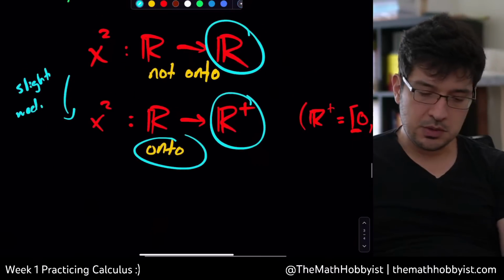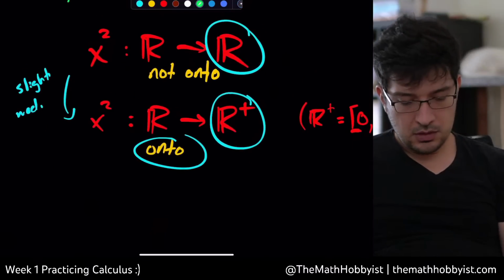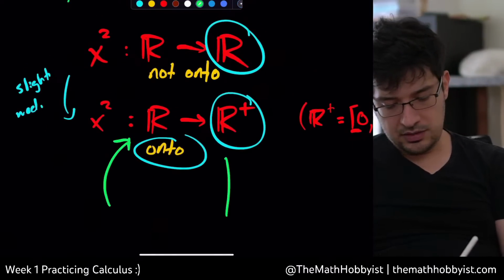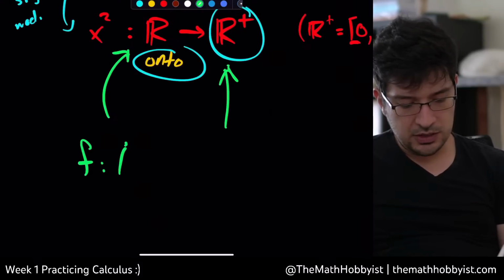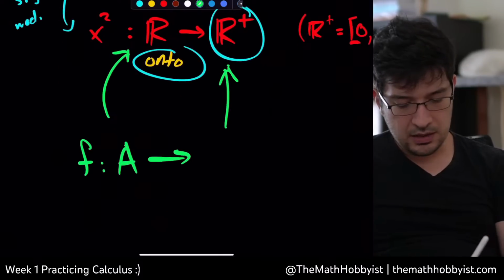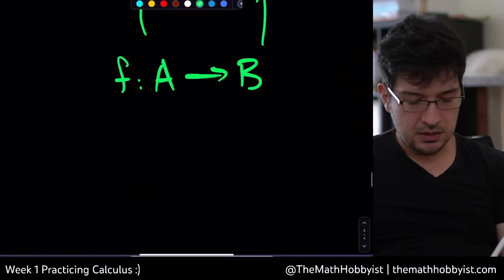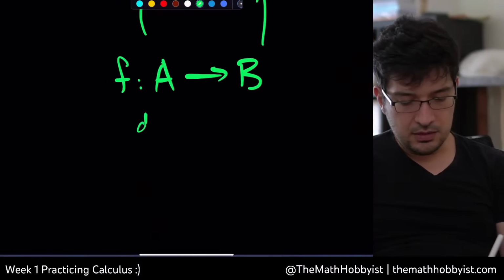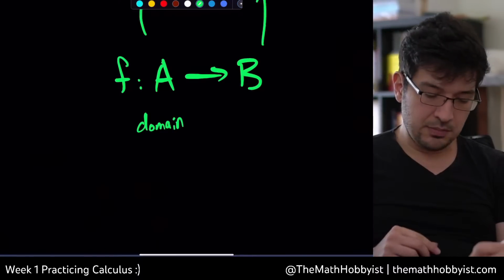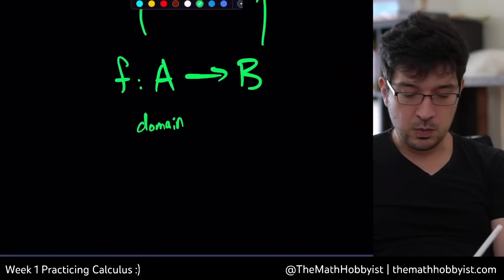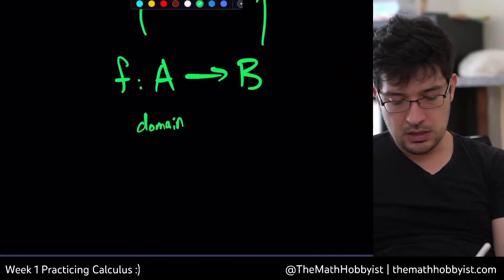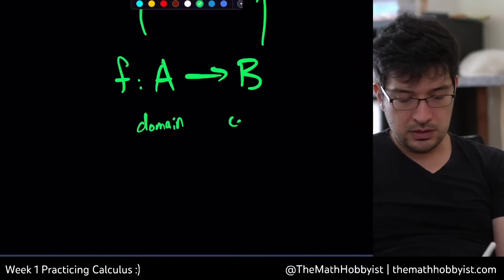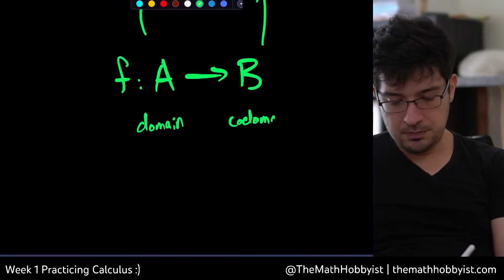So, what do I want to go to next? What I'm trying to say is that every function is always a function from one set to another set. And the world that you start from is the domain, and the world that you go to is called the codomain.